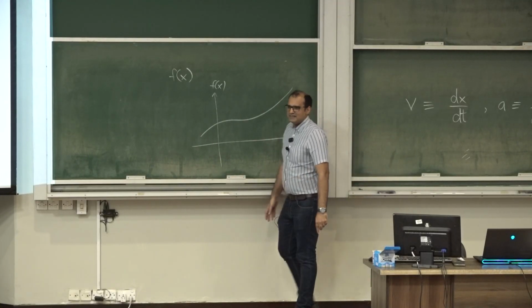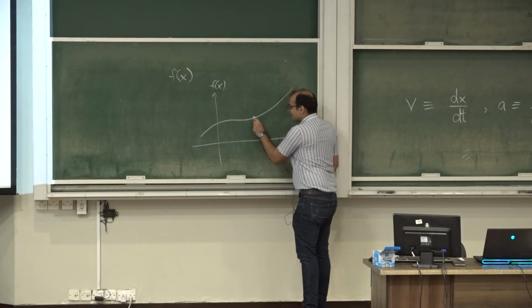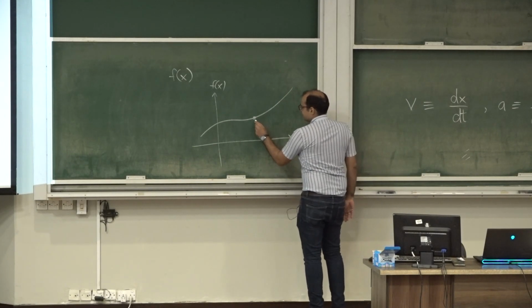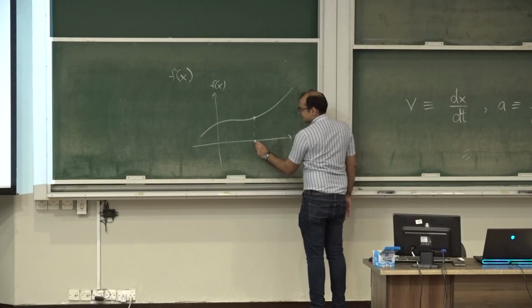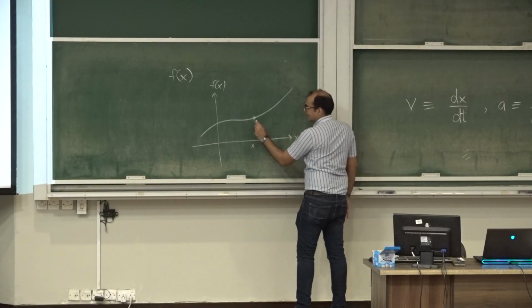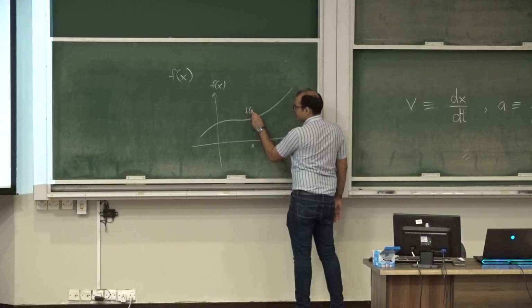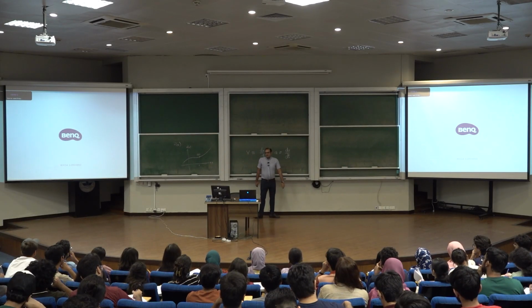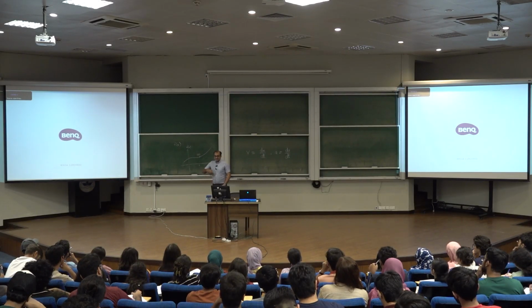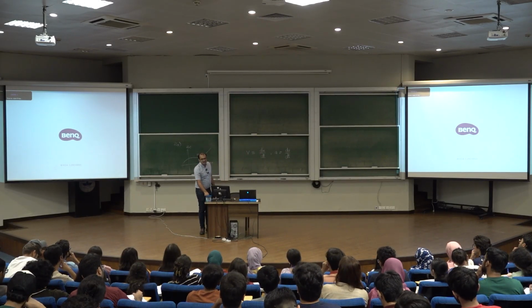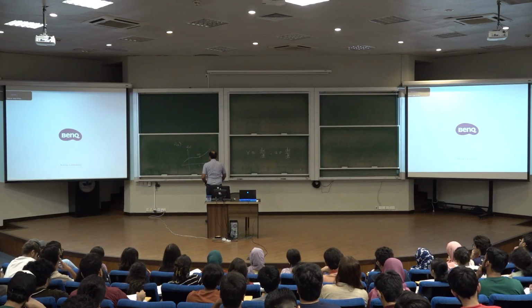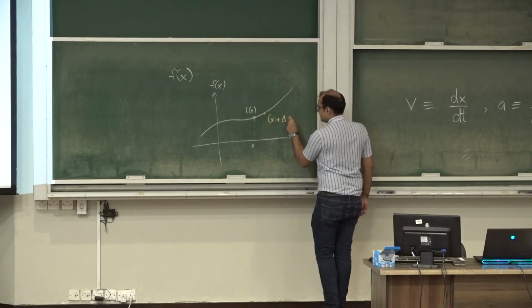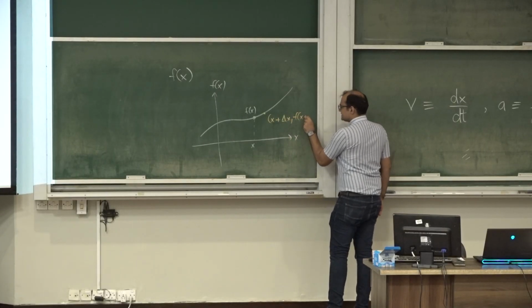Anyway, you have 2 points on this graph. To calculate the rate of change at this point, say this has x coordinate x, and of course the value of the function at this point is f of x. You consider a second point that has coordinates x plus delta x, delta x being the difference in the x coordinate between the 2 points, and then f of x plus delta x.